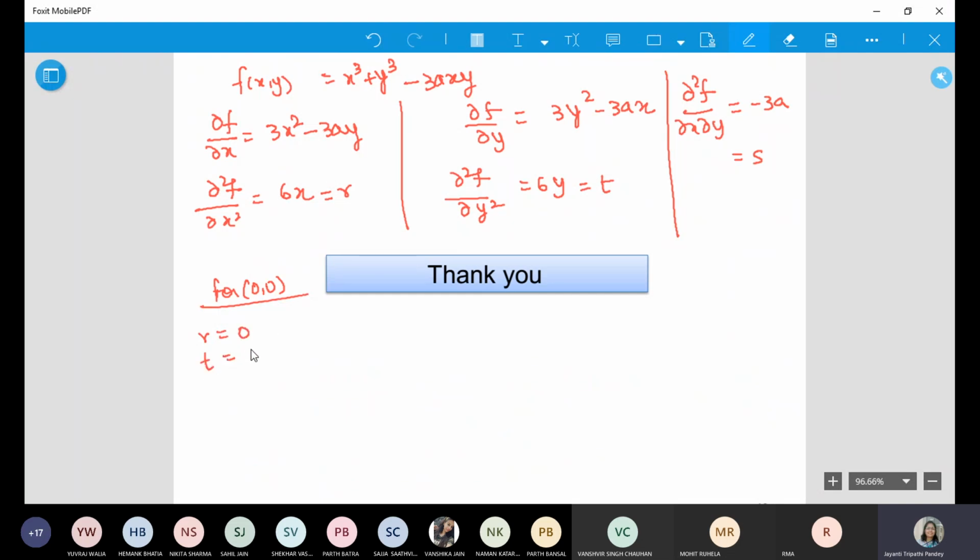T is 0 and S is minus 3a. So RT minus S square is 0 minus 3a square, that is minus 9a square, less than 0, hence neither maxima nor minima.